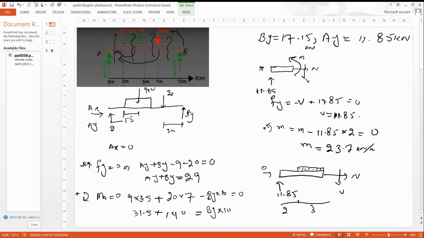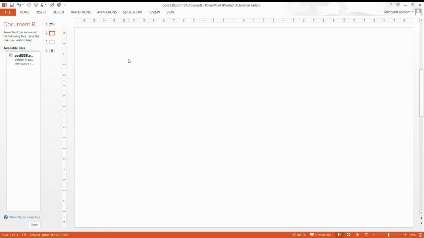This one shows normal, shear and moment. As I already did, the point load will be 9 at a distance of 1.5. Now use the Fy equation for shear and then the moment equation, so let's move here and try Fy.